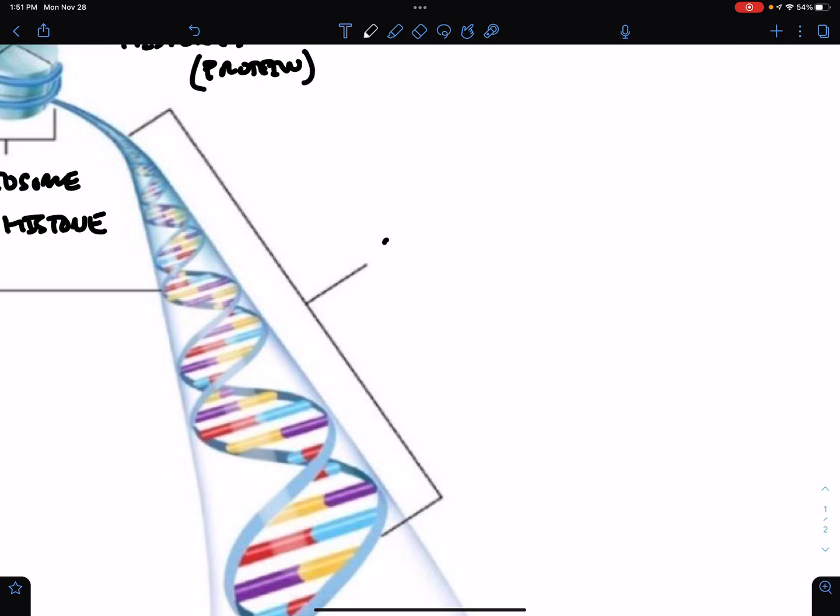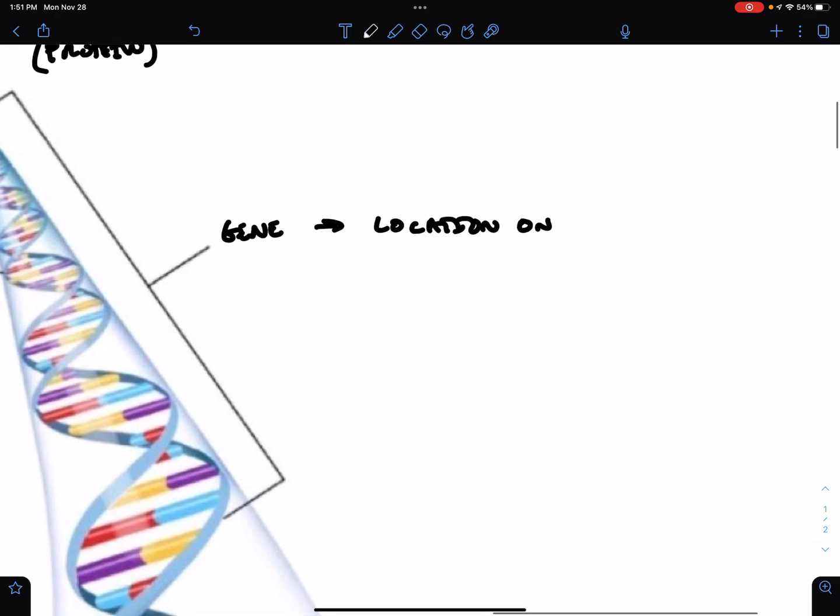Remember we said that this was a gene, which is a location on a chromosome. And this gene could be the gene for, let's say, hemoglobin. And different folks have different sequences for that gene.